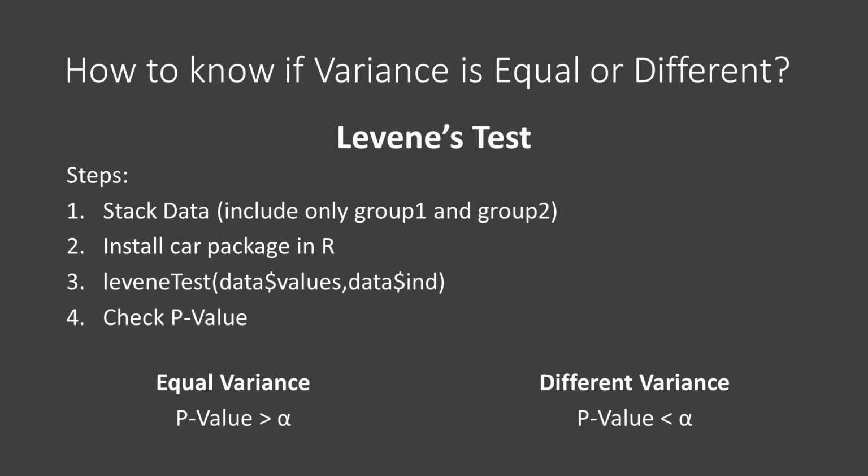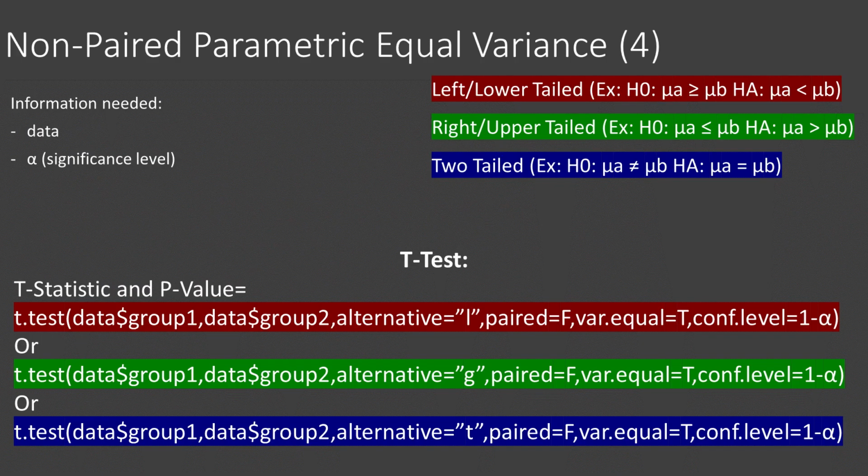All right. Now that we've got all that, let's go on to the fourth question, the non-paired parametric equal variance question. Again, we're back to the t-statistic with a t-test. This is very similar to our first question, the paired parametric question.